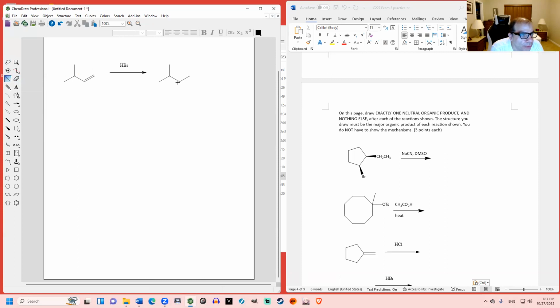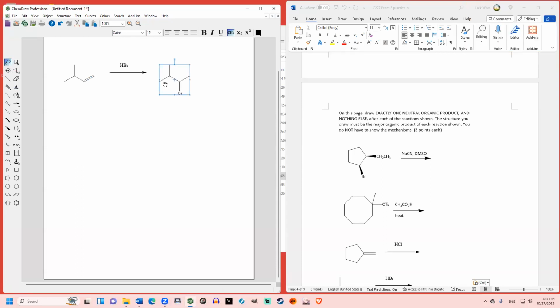You'll get the more substituted secondary carbocation. So you'll get the bromine here and the hydrogen on this carbon. Or will you? This relates to what we talked about in class today about carbocation rearrangements. So this is the structure that's in the answer key.